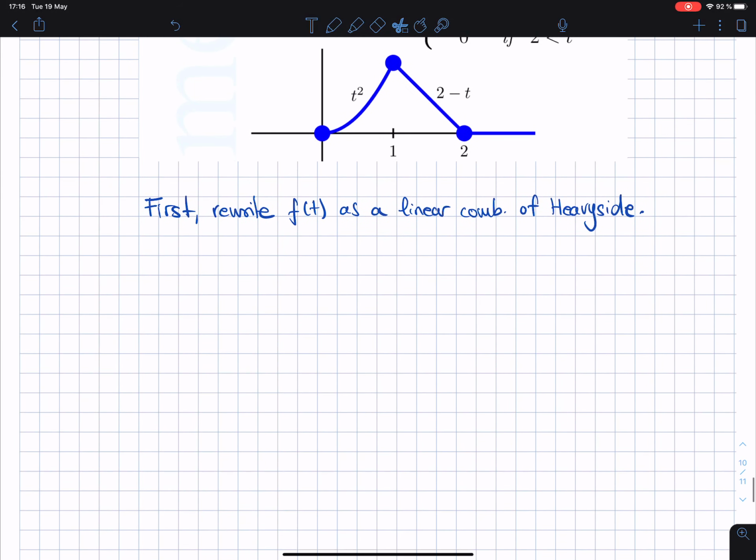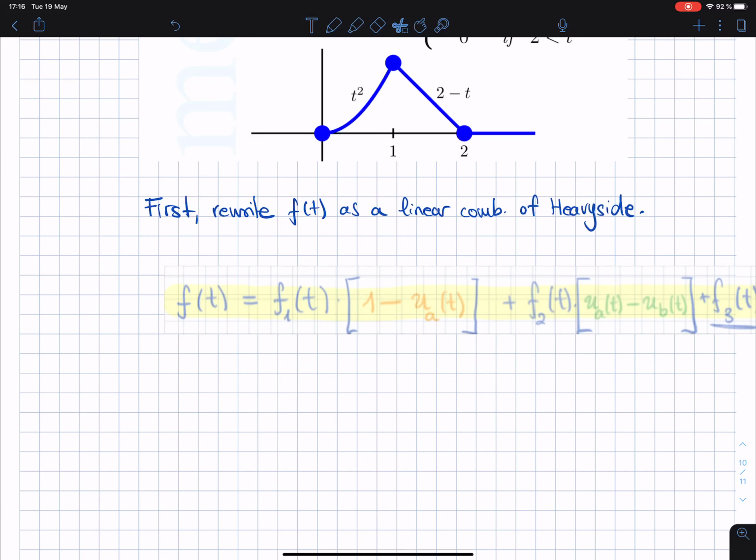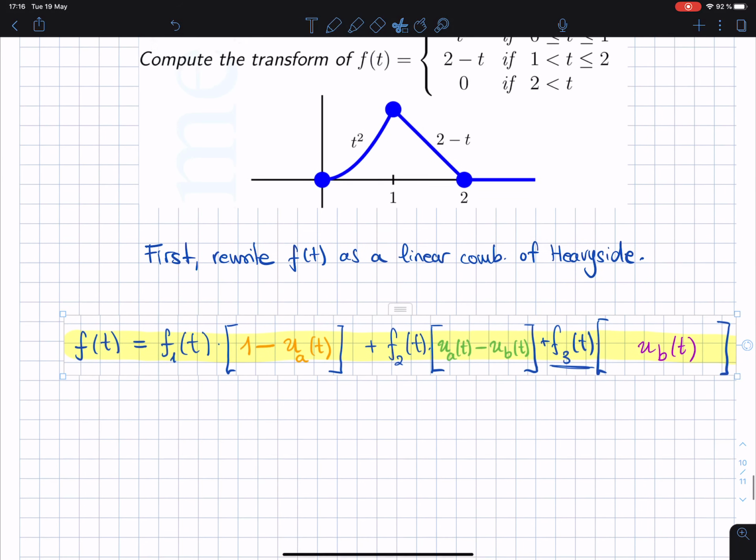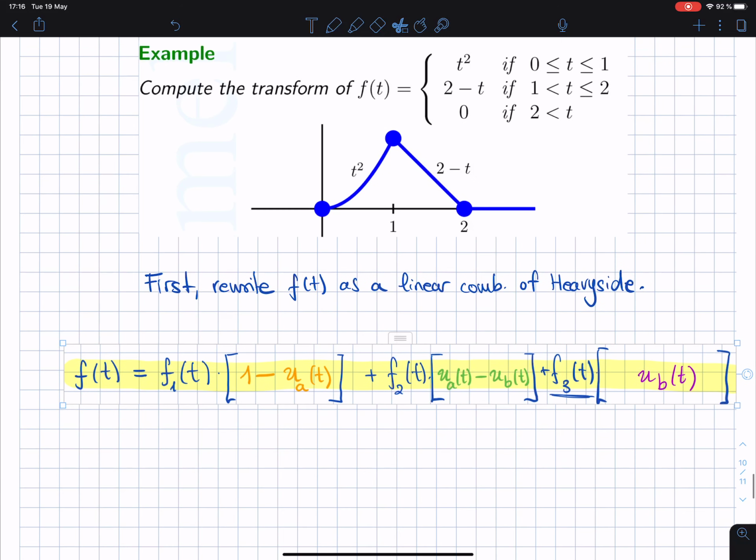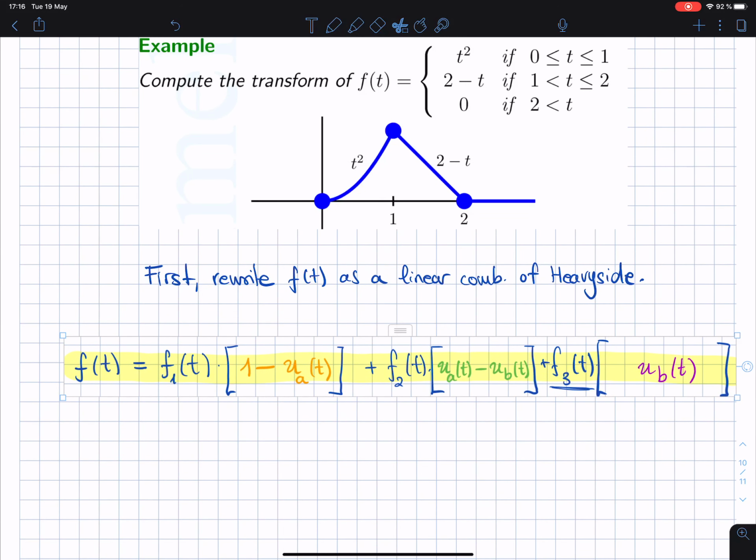So let's use this here. In our case, we could think that t squared starts from minus infinity up to 1. It would be the same case because the Laplace transform is only defined from 0 to infinity, so the behavior of the function before 0 is not taken into account.